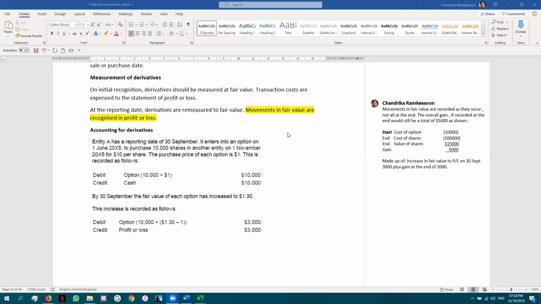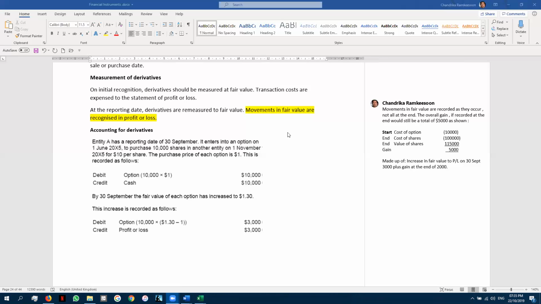If entity A later on decides to exercise the option and buy the shares, remember, it does not have an obligation, it has a choice, an option. If it decides to exercise this option and buy the shares, the seller of the option, i.e. the recipient of the $10,000, must deliver up the shares, as we will see.